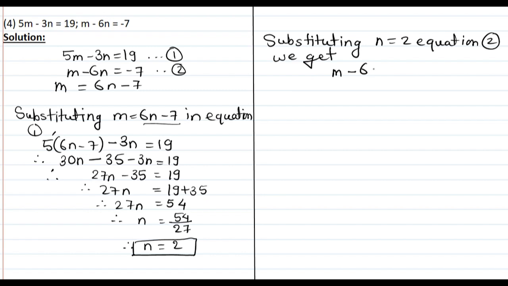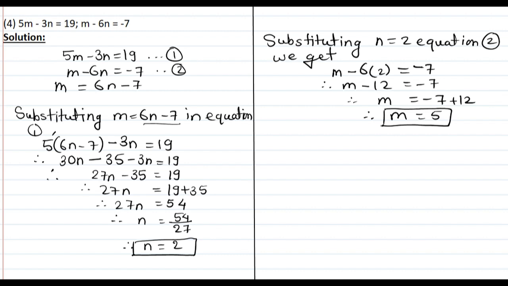Instead of n, I am going to write the value, which is 2, equals minus 7. Now solve the bracket: m minus 12 equals minus 7. This 12 will get shifted to the other side and becomes positive: minus 7 plus 12. Hence, the value of our m will be plus 5. Therefore, our solution is (m, n) equals (5, 2).